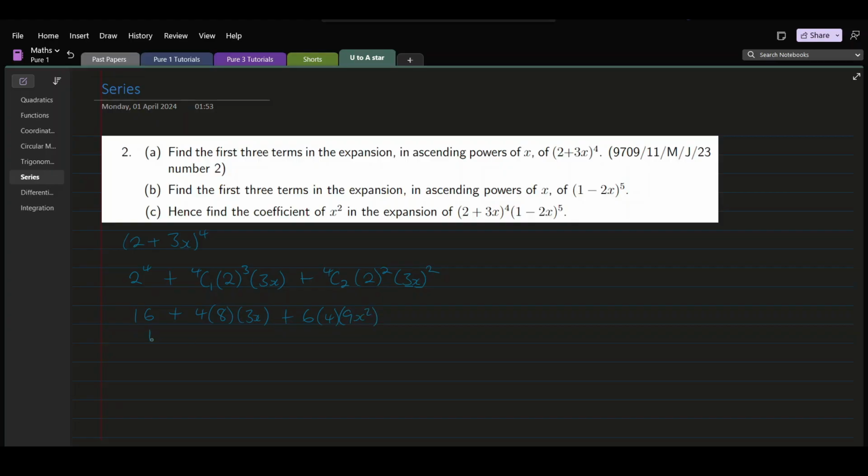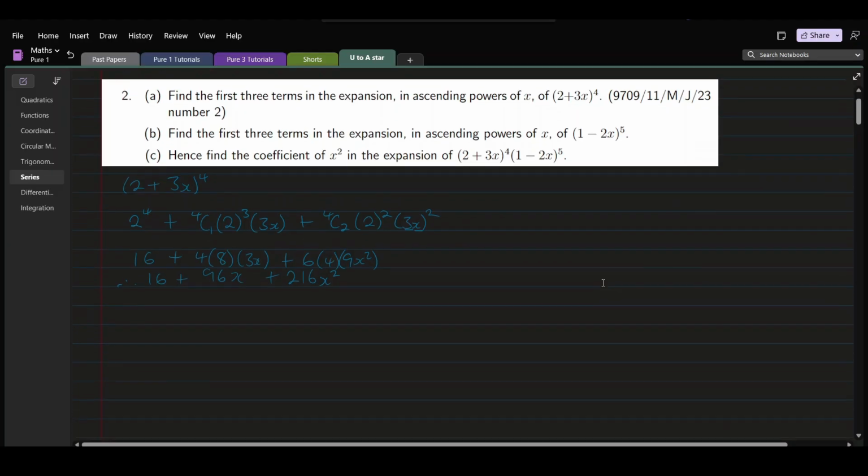And if we simplify, this is 16 plus 4 times 8, that is 32 times 3, 96x. And then finally, we've got 6 by 4 by 9, and that gives us 216x squared. And this would be our final answer for part A.